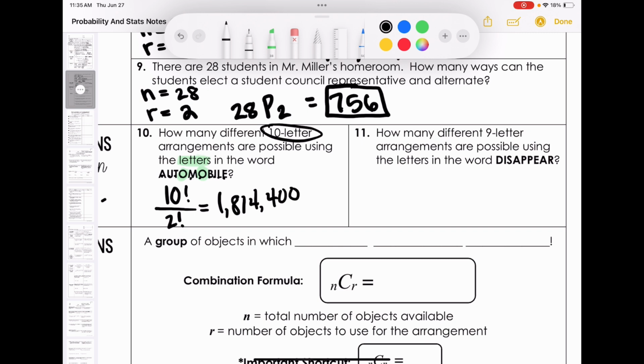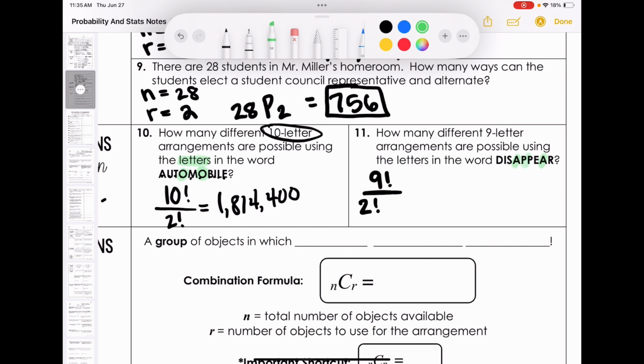All right, number 11, how many different 9-letter arrangements are possible using the letters from the word disappear? So disappear, okay, we want a 9-letter arrangement, so we're going to put 9 factorial on top. And then we have to look at how many letters are repeating. So A is repeating twice, so I'm going to have 2 factorial on the bottom.